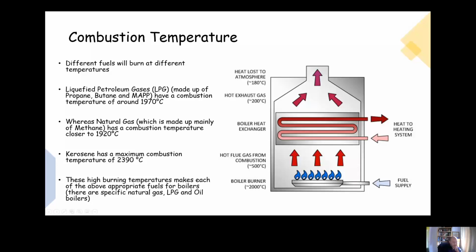In fact, most boilers are natural gas boilers. They run mainly on methane, but you can also get LPG boilers and oil boilers as well, which would run on kerosene.